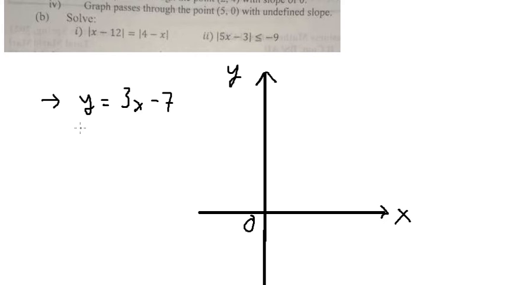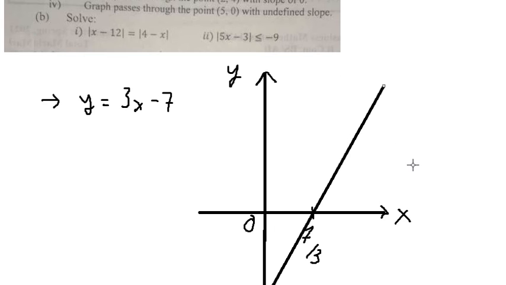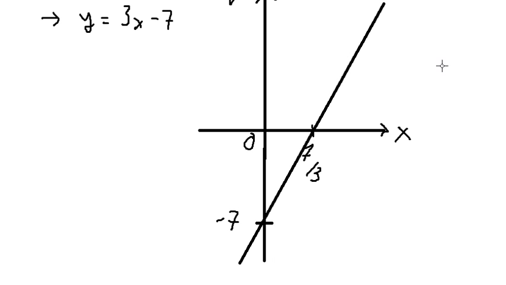If y equals 0, we put negative 7 on the left, and we divide both sides by 3. So we got x equals 2.33, or I put 7 over 3 in here. After we got 2 points, we just connect, and this is the graph of the function in here.